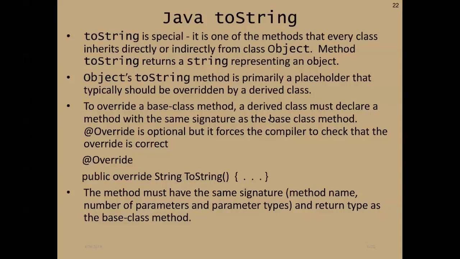As it says, we also use the override annotation, @Override with an uppercase O. So can anybody guess why the toString method is originally defined? Yes, the toString method is defined in the Object class.